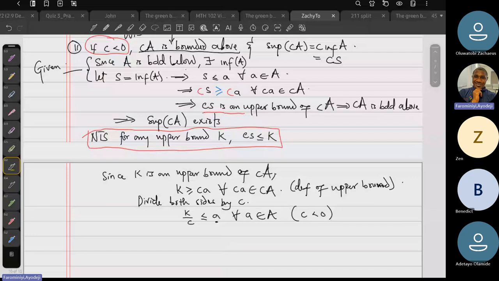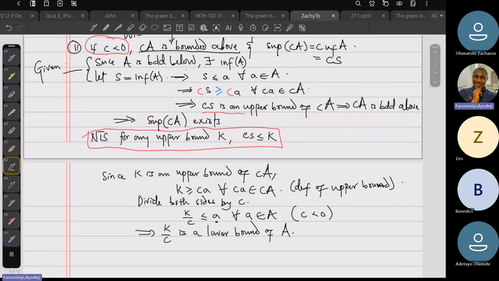So in this case, because K over C is less than everything in A, we know that it is a lower bound. So this implies that K over C is a lower bound of set A. So what will be the relationship between K over C and S?